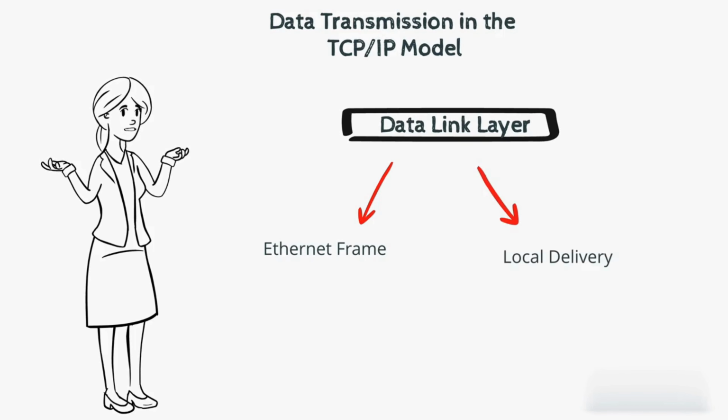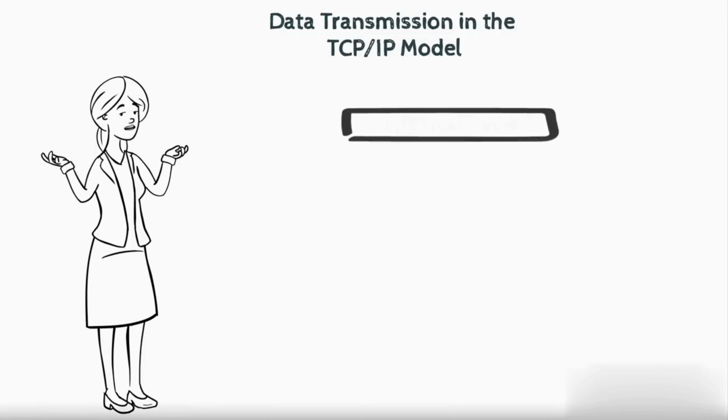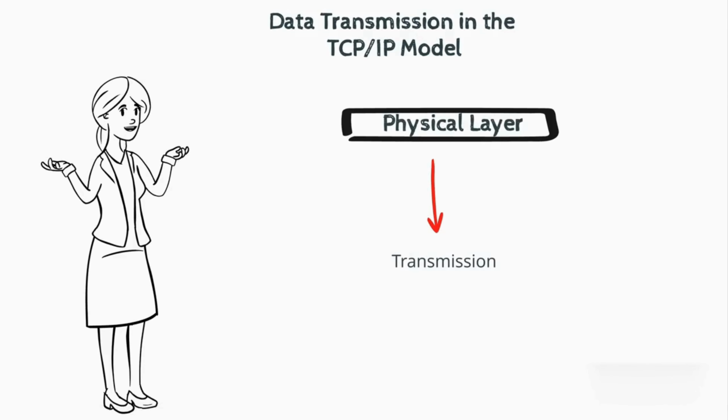The Ethernet frame is delivered to the next hop in the network, and this process repeats until the frame reaches the final destination, the web server's network interface. 5. Physical layer. Transmission. The Ethernet frame's bits are transmitted over the physical medium, e.g., copper wire, fiber optic cable, or wireless signal, to the next hop.